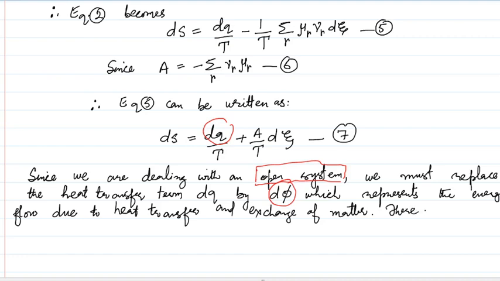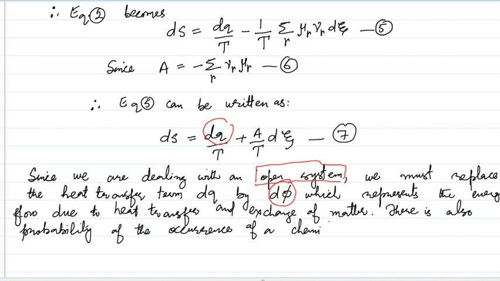There is also probability of the occurrence of a chemical reaction. We have considered heat transfer is also taking place, exchange of matter, and we will also consider suppose a chemical reaction is also taking place in each phase.